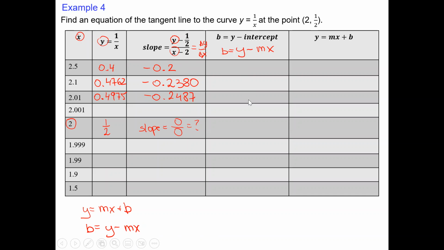Okay. And then if you get this, the b value for the first secant line is 0.9. For the second one that we calculated, 0.9762. And one more, 0.9975.